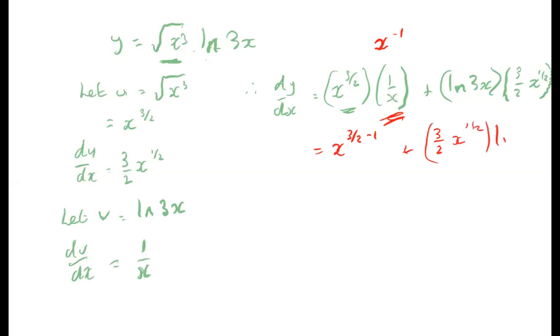So this becomes 3 divided by 2, take away a whole one, that becomes x to the half. And that becomes 3 over 2 x to the half ln 3x. Now we've got a common x to the half on both sides, so he's taken that outside in a pair of brackets.